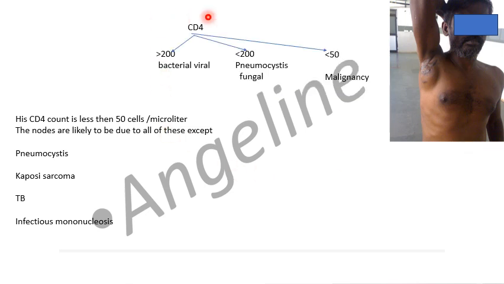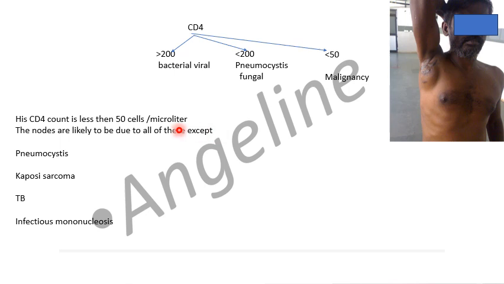If the CD4 count is more than 200, then it's likely to be bacterial or viral, for example infectious mononucleosis or Pseudomonas pneumonia. If it is less than 200, then all fungal infections will come in and your pneumocystis carinii. If it is less than 50, your malignancy will start appearing.